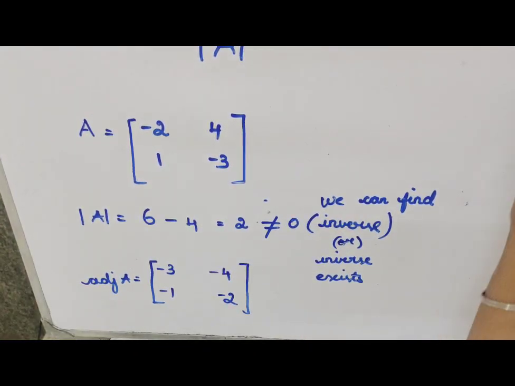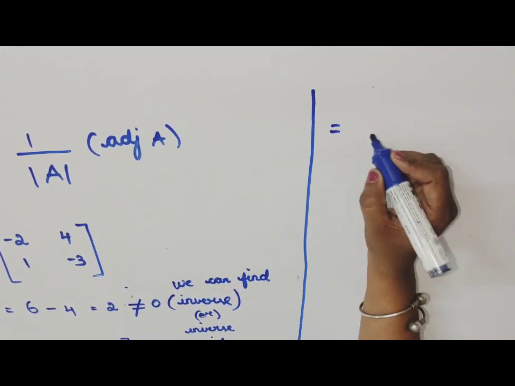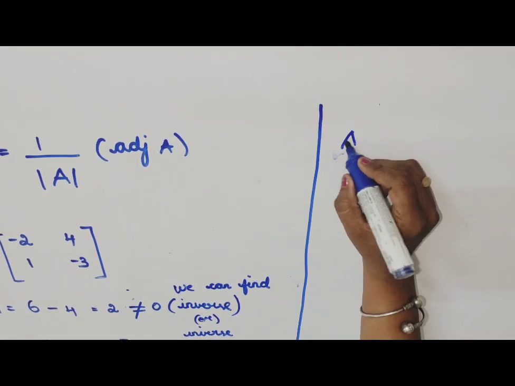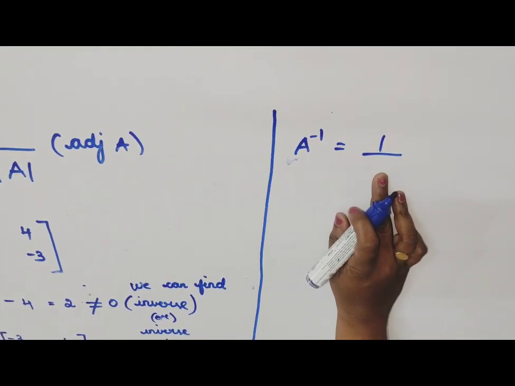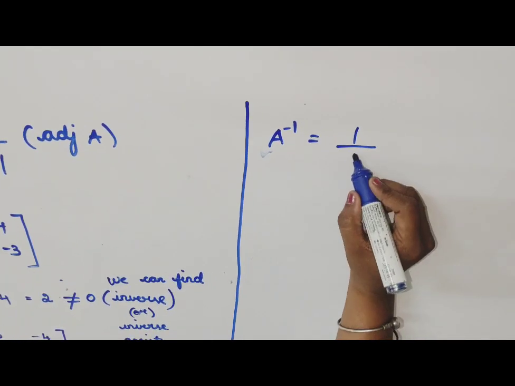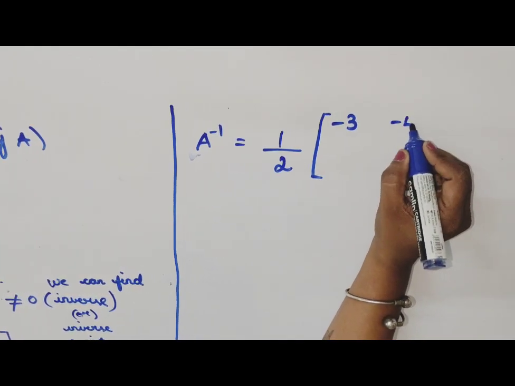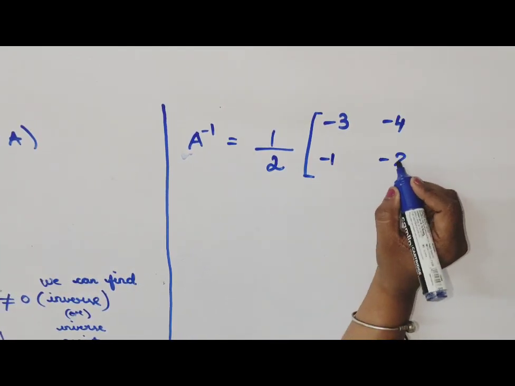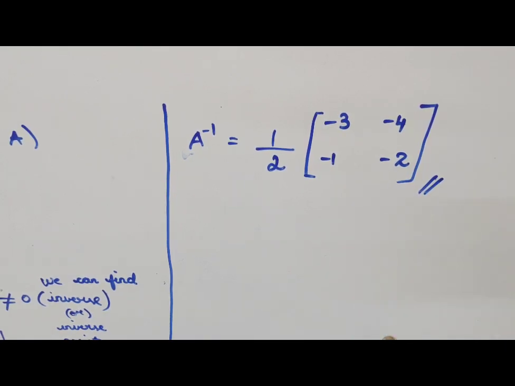Next we substitute in the formula: A inverse equals 1 by determinant A into adjoint A. The determinant A we got for this problem is 2, and adjoint A we got is minus 3, minus 4, minus 1, minus 2. This is the inverse of A for this problem.